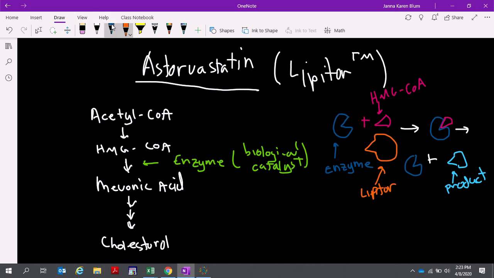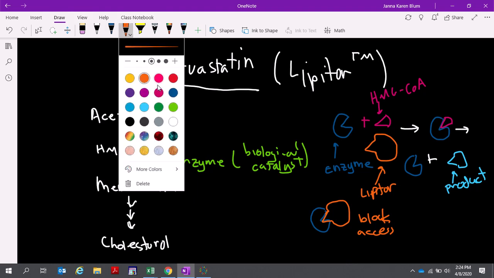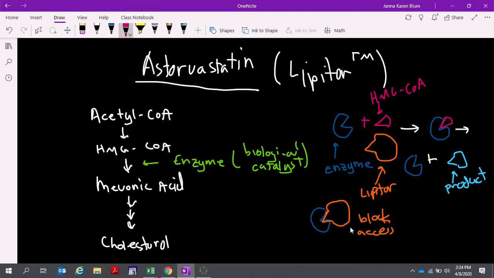And Lipitor can come in. And I have this big old orange molecule here, and this will block access to my HMG-CoA. And with Lipitor, I will stop this reaction and it will no longer produce cholesterol.